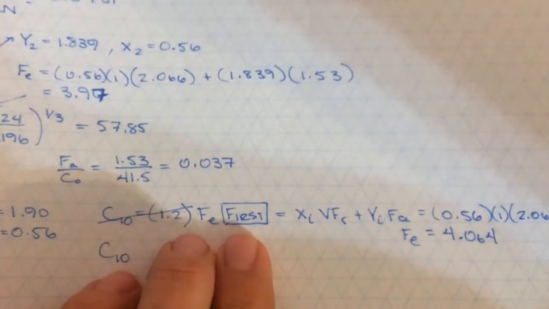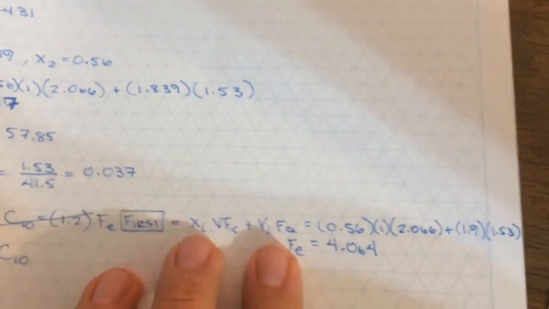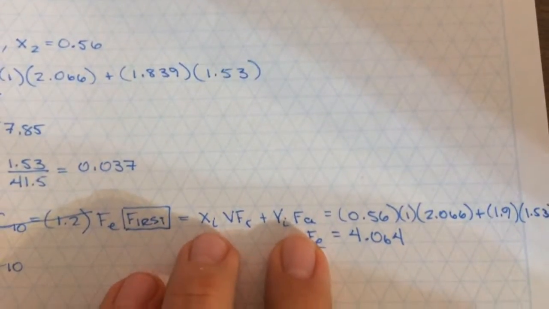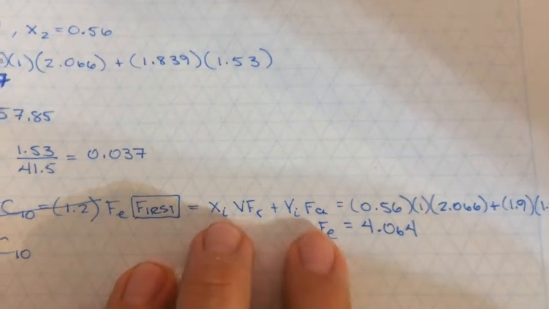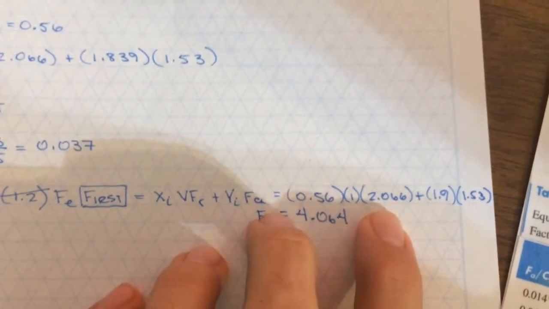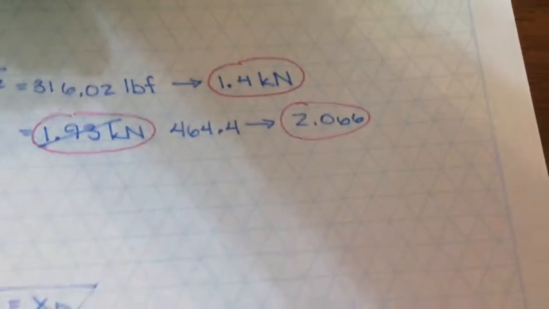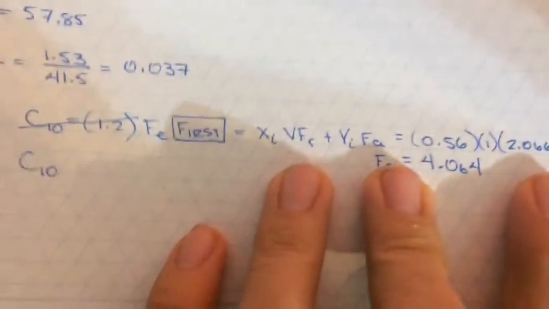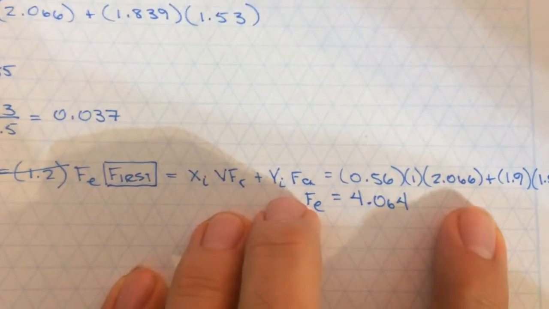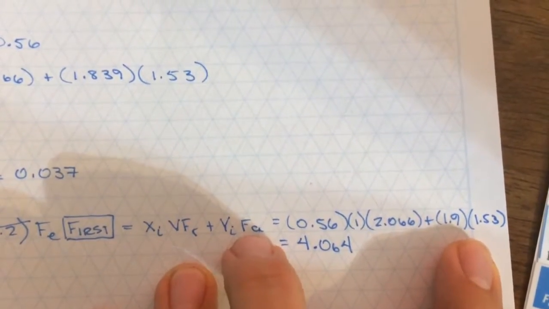I got to get the FE first, as I said here, and this time, I guess maybe subconsciously I learned from the mistake. I did not, obviously, write anything while I'm commenting here. Plug in the values, 0.56, always the same, 2.066 from above, and okay, so I do have the equation, and then Y is 1.9 times 1.53, which is FA.